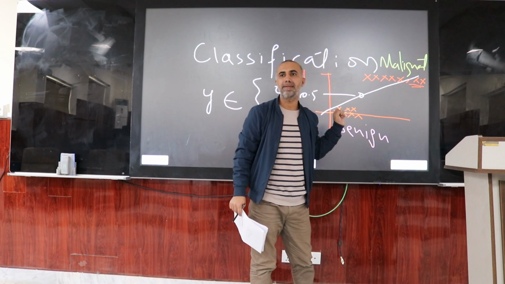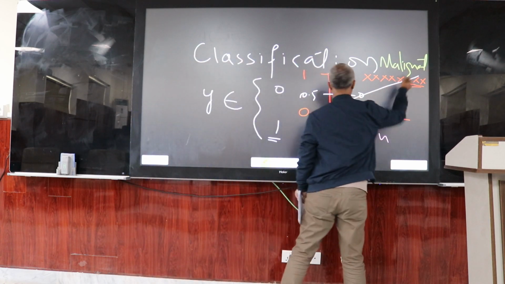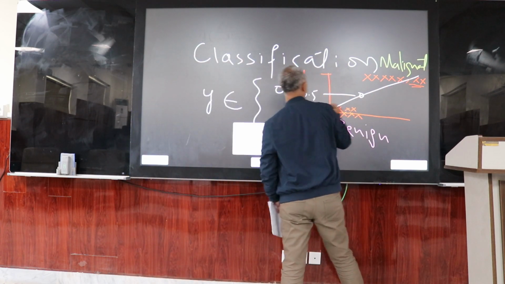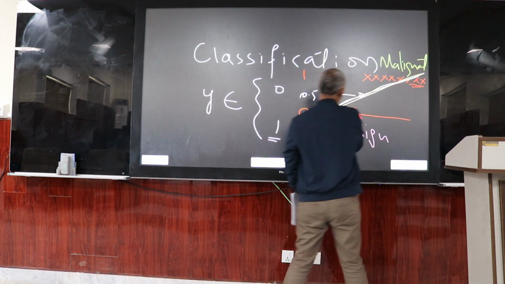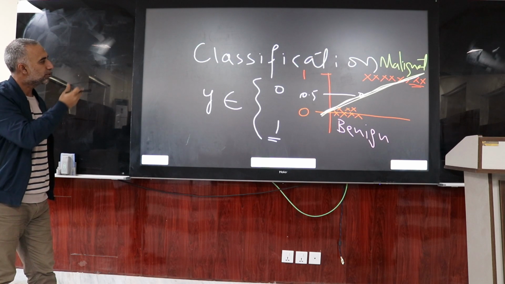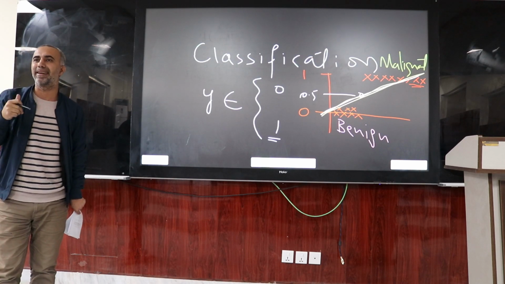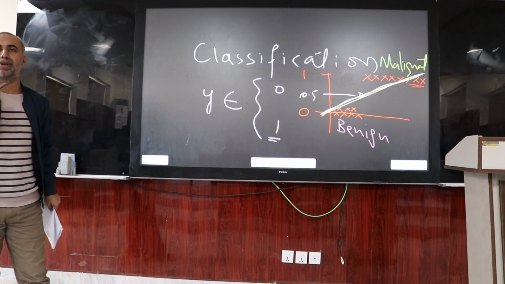Are you getting my point? Yes. So our decision line, or you can say decision boundary, is now creating a problem for us. With a simple linear line, this creates trouble for us.